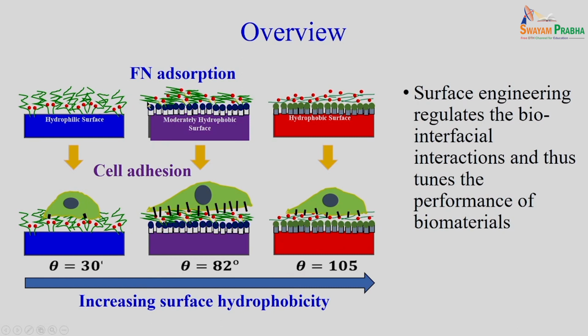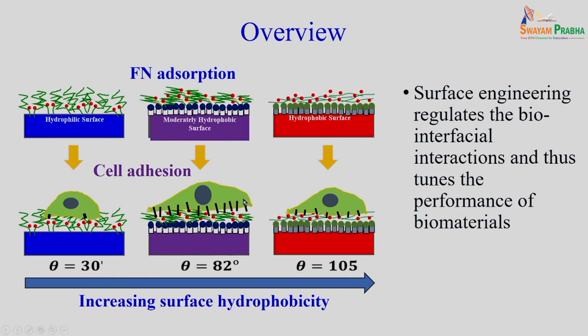So, here what it suggests is this, depending on the surface hydrophobicity, we are going to observe a different amount of adsorbed protein as well as its different conformation, meaning different secondary structure of the adsorbed protein.